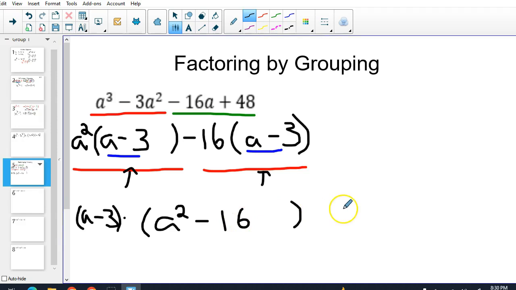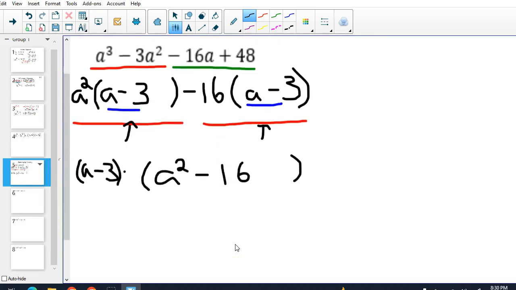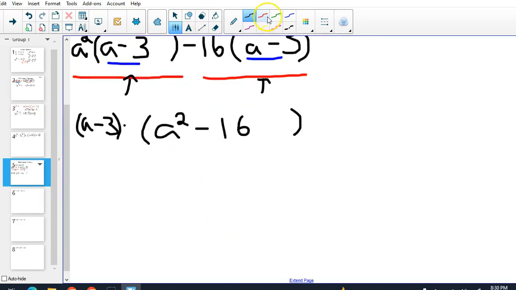We group these together to take out similar pieces, and then we're going to group again. These should be the same. Now, we can still factor this further, because our a squared minus 16 is what we just worked on, our difference of squares.